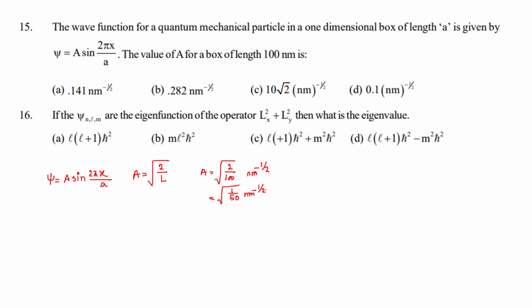Let's calculate it. 1 divided by 50 to the power 0.5. It gives us 0.141.